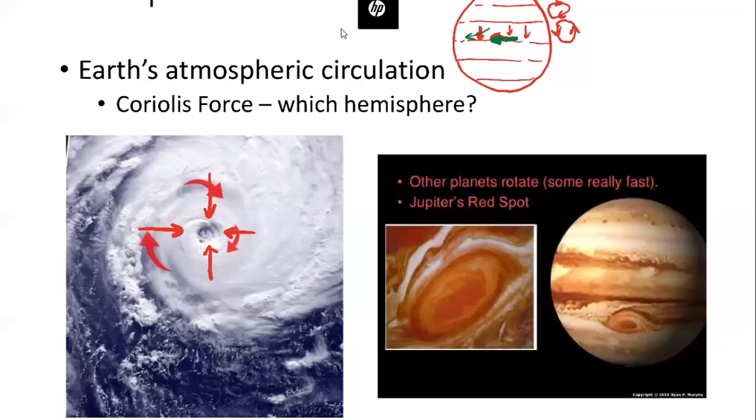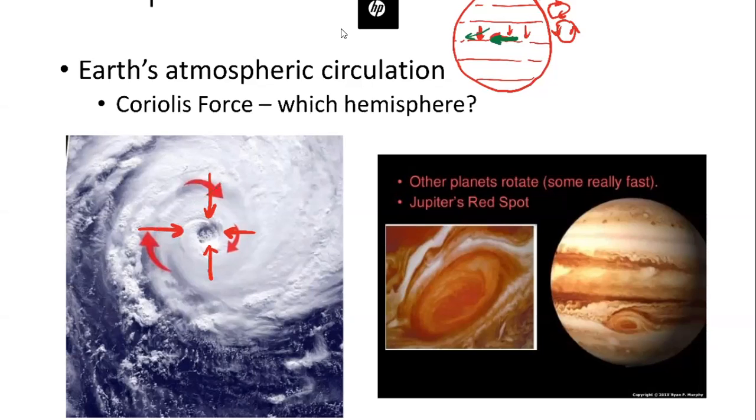Let's assume that we're in the northern hemisphere. Then the wind is going to blow this way, biased to the right, which is against the direction that's shown here.